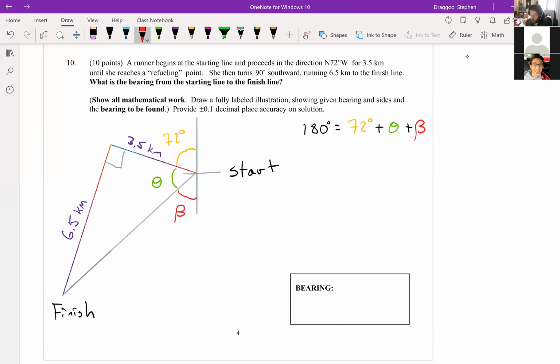So if I want to know what the bearing angle is, I'm going to need to find that interior green angle first. Fortunately, we have the information to solve for that angle. It is on the inside of a right triangle where I know both the opposite and adjacent sides. So once again, we'll be looking at tangent of theta.